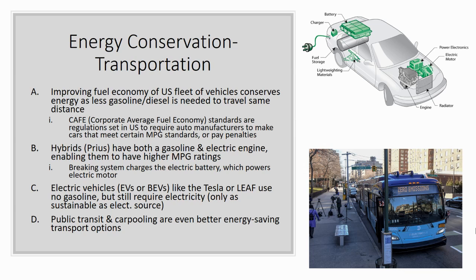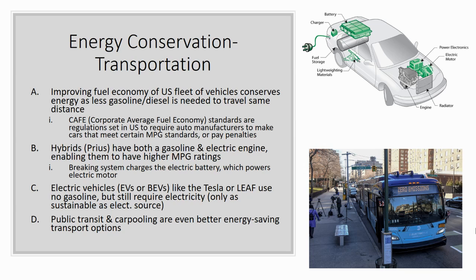We can also have more hybrid cars, such as a Prius. They're going to use both gasoline and an electric engine, enabling them to have much higher miles per gallon ratings. And how does that hybrid vehicle actually work? Well, the braking system is going to charge the electric battery, which is then going to power the electric motor. We can also simply use electric vehicles, things like Teslas or Leafs.